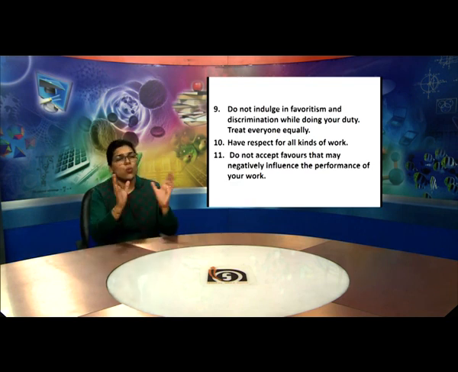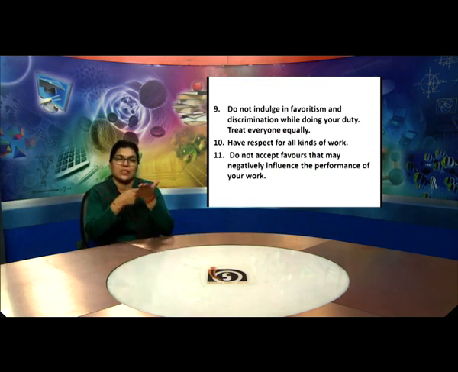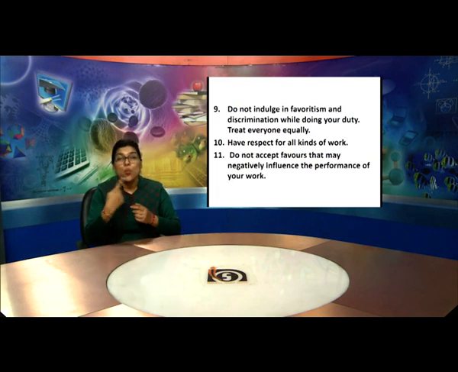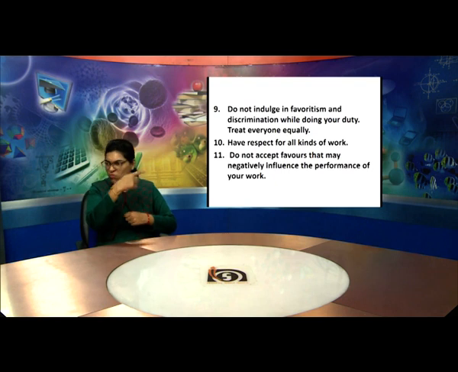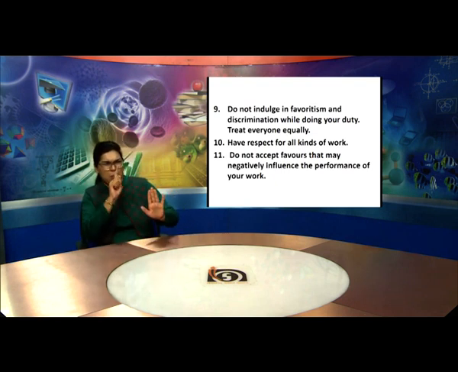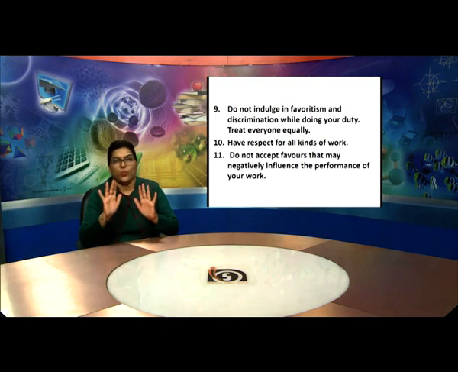The 10th point explains that we should have respect for all kinds of work. Any work, whether it is lower or high profile, is equal. We should respect every kind of work. We should not show any favoritism towards any work.